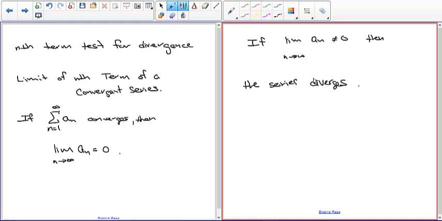And that kind of makes sense. If the terms don't get smaller, and they don't get smaller to the limit of 0, then there's no way that the series can converge, because you're going to keep adding stuff on there. And if they don't go to 0, then they can't fade out and disappear.